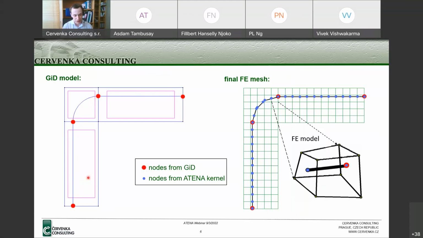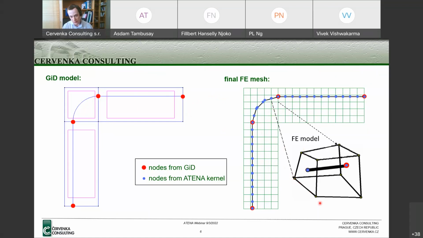And once the input file is generated, the software will automatically generate nodes at the boundary of each finite element, each concrete element of the model. So of course the nodes will be at both ends and at the points from GID, and then at the boundary of each element, as can be indicated here.